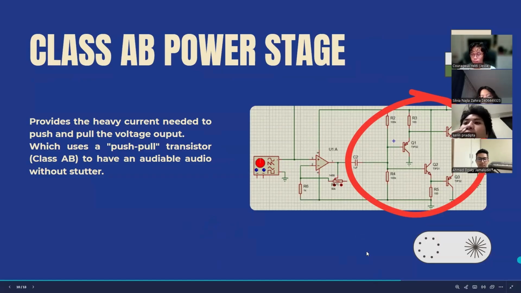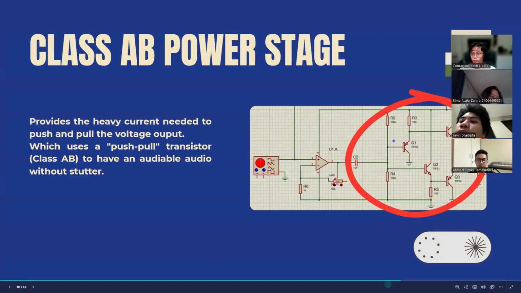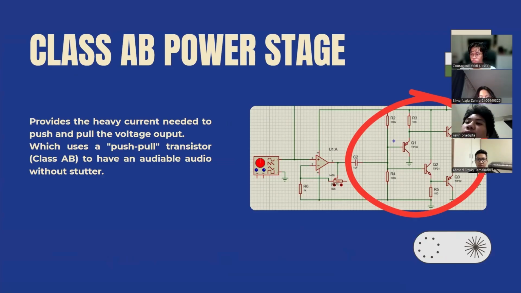Now, this is the class AB power stage. There is supposed to be two. The first, Q1 and Q2, is technically the diamond, and the second one is the push and pull. The first one is just to amplify the very low voltage, since Q1 is lower than 0.7 and Q2 is above 0.7, but around that.